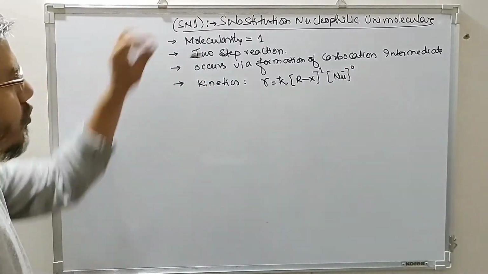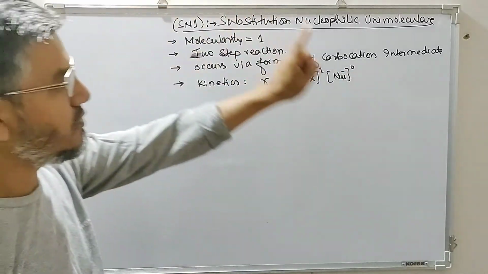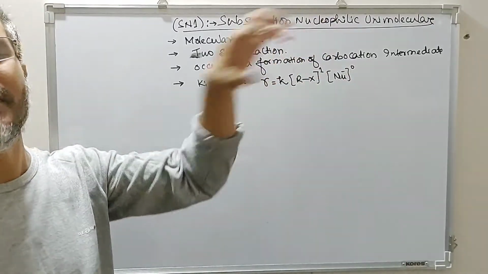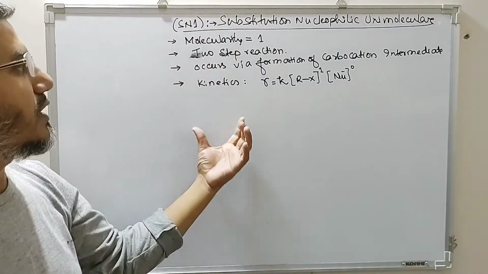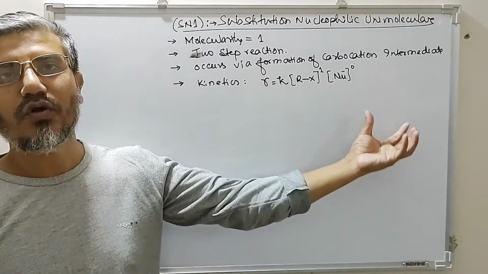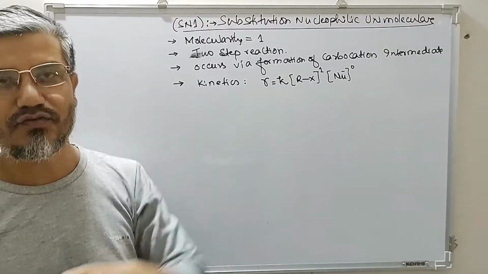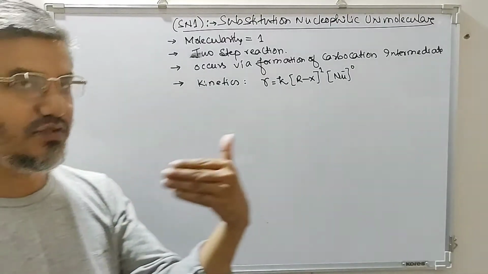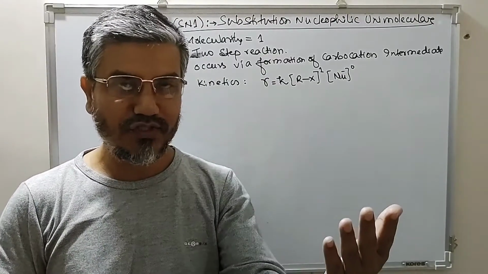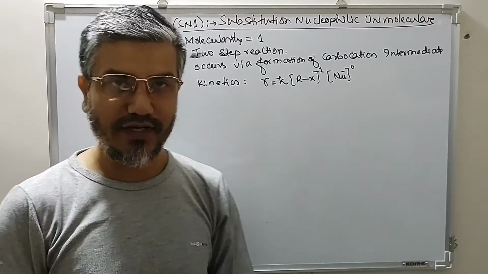So SN1 is zero order with respect to nucleophile, meaning thereby SN1 does not depend on the nature and the strength of nucleophile, whereas SN2 was directly proportional to the nature of nucleophile.